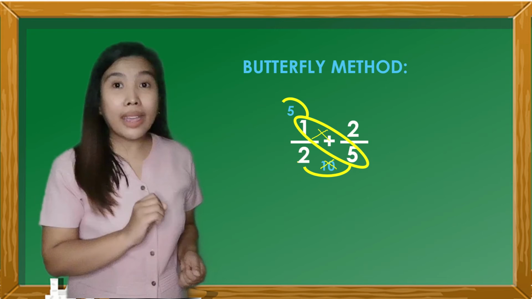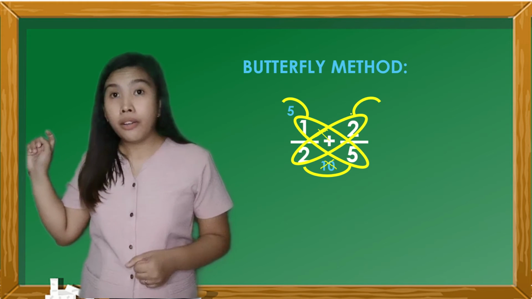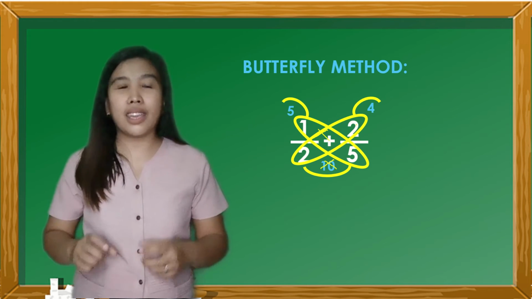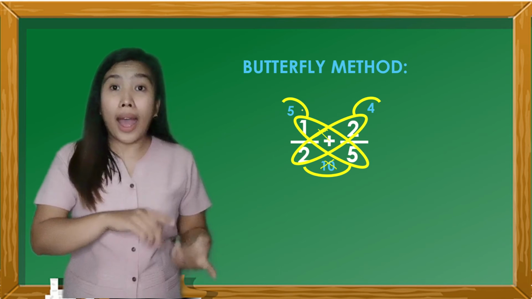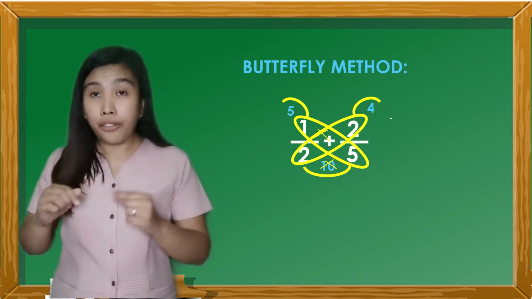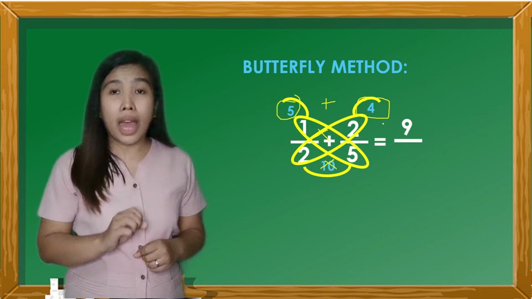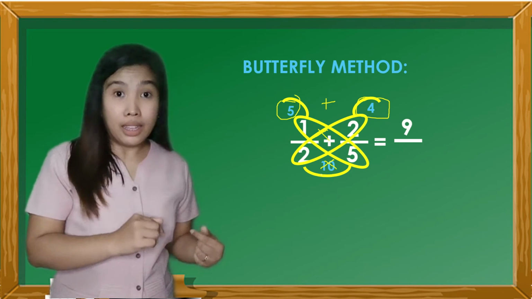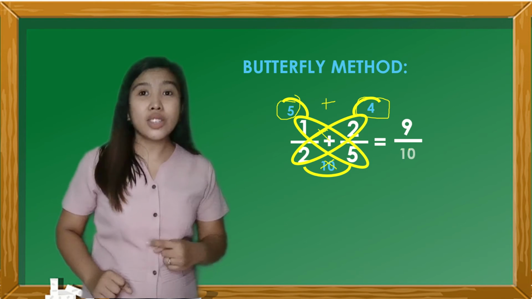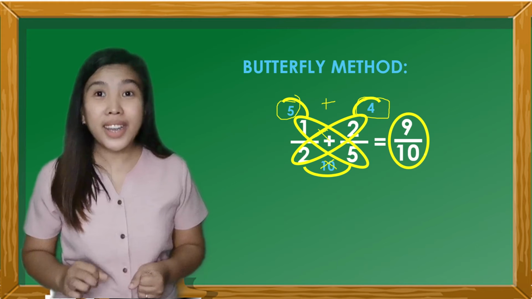And then 2 times 2 is 4. Next step is to add 5 and 4, so we have 9. And then our denominator will be 10. So the answer is 9 over 10.